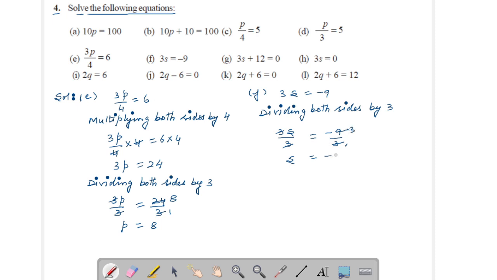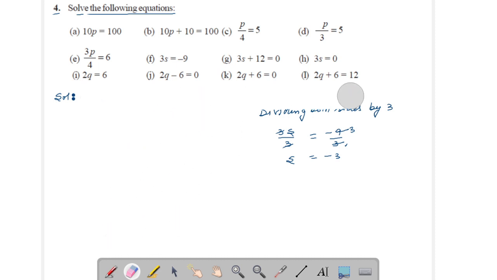You will get minus 3. S is equal to minus 3 is the solution. Now come to G part.